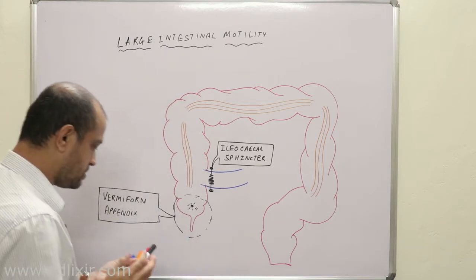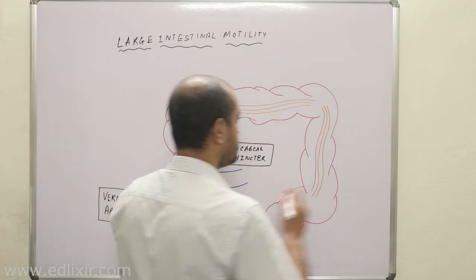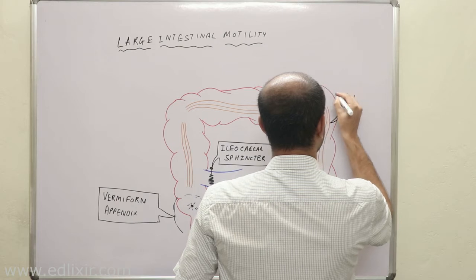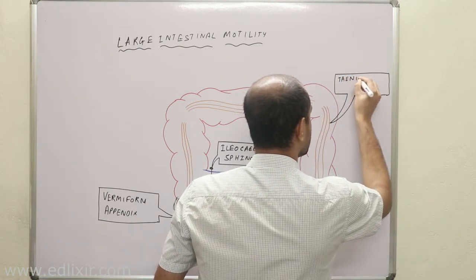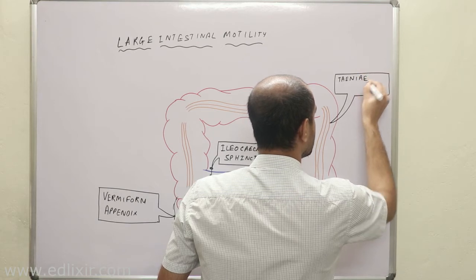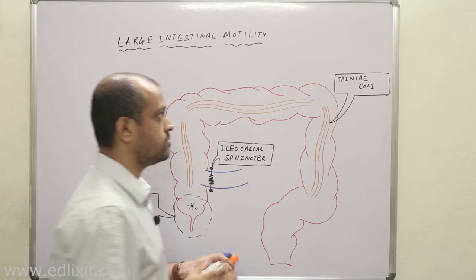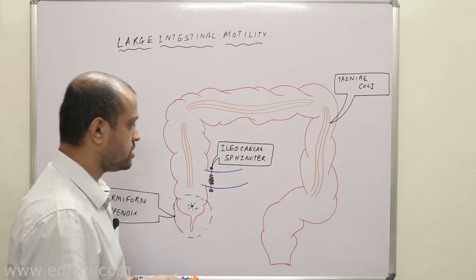These bands of smooth muscle are known by the name of tinea coli. Okay, these three bands of smooth muscle fibers are called tinea coli.